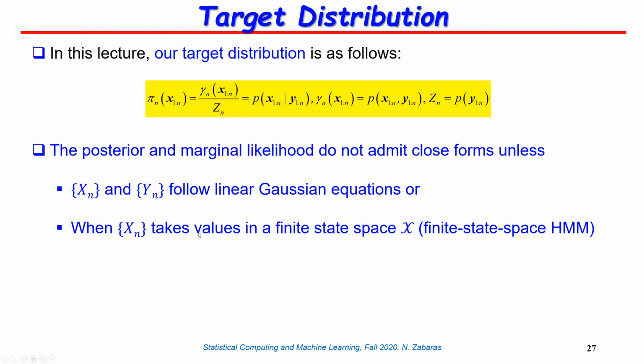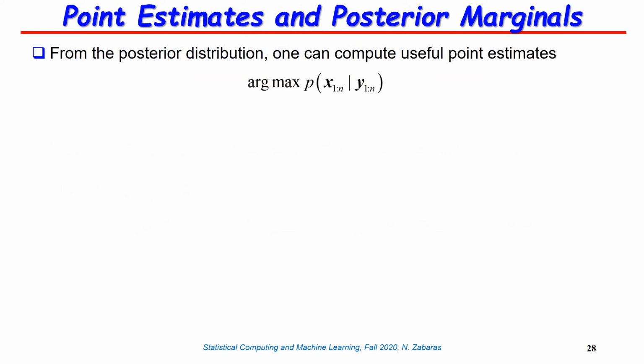So if these states xn take values in a finite state space, and we have the so-called finite state space hidden Markov model, then we can compute the marginal and the joint posterior of the states in a closed form. Okay, but again, we're interested in the nonlinear, non-Gaussian case, so we will try to be as general as possible. Now, the objective is to compute the posterior of all the states given all the observations.